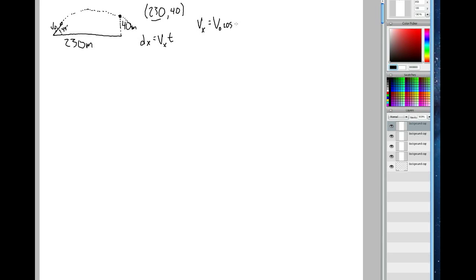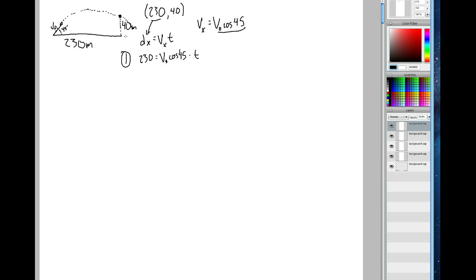Well, in this case, that's 45 degrees. So what I can do is plug that in for Vx and plug this in for my distance. So I get 230 equals V naught cosine of 45 degrees, and all of that multiplied by time. That's going to be our first equation. We're going to come back to that in just a second.